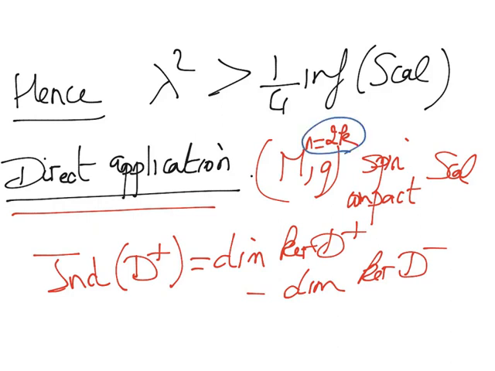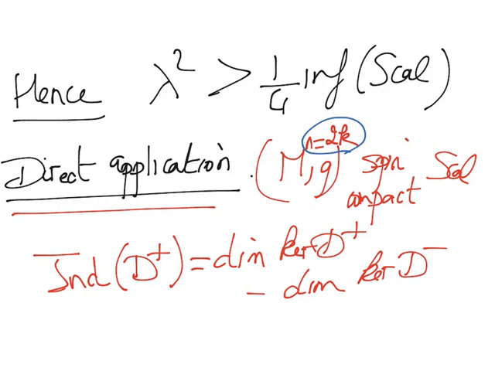The spinor bundle can be split into positive spinors and negative spinors, and then the Dirac operator acting on the positive spinors will be called D plus, and the one acting on the negative spinors will be called D minus.